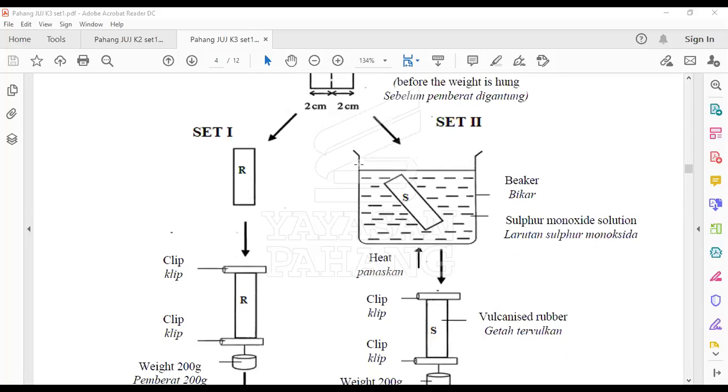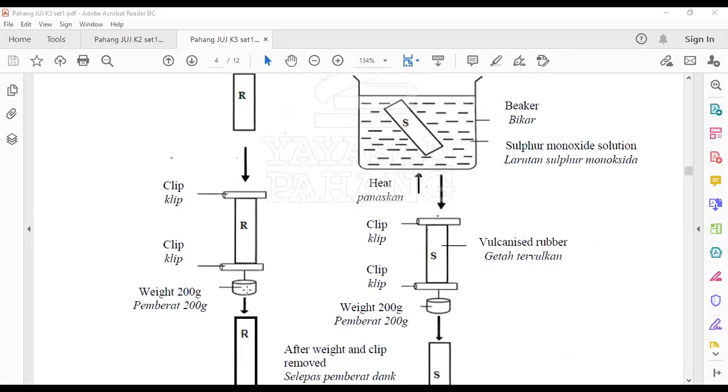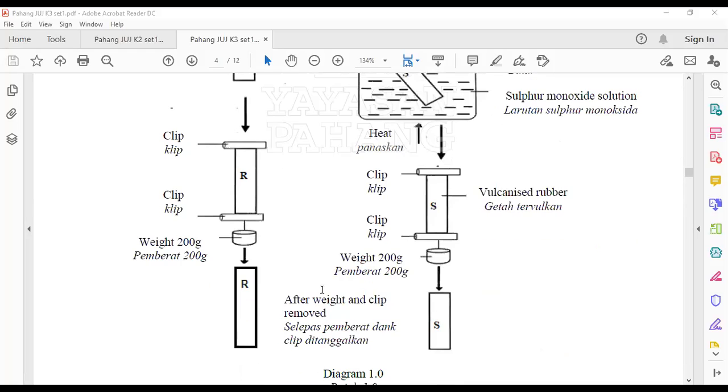Now, continue. After you have turned it into vulcanized rubber by immersing it into the sulfur monoxide solution, the same thing here, hanging the 200 gram weight, and next you are going to measure the length after the weight is removed. Did you see the length is the same? Okay.